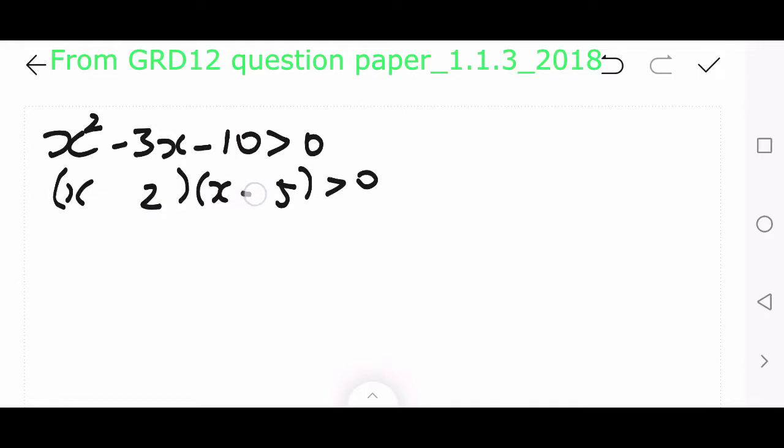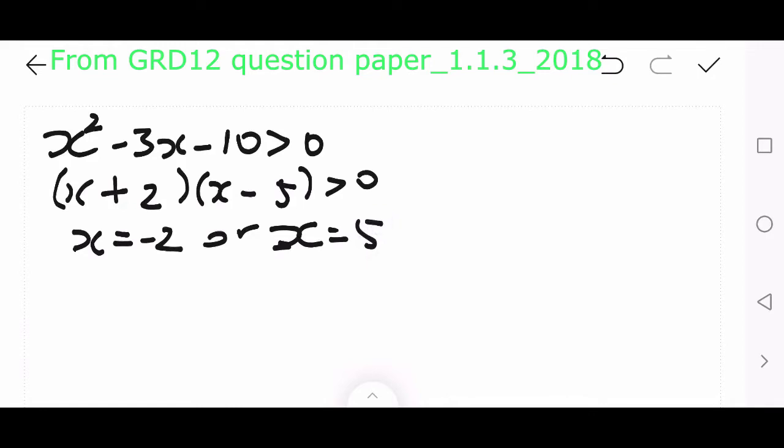Then the sign will be negative and positive. So x would be equal to minus 2, or x would be equal to 5.